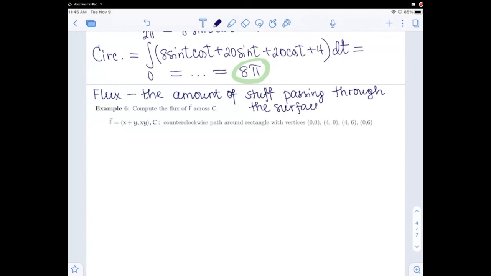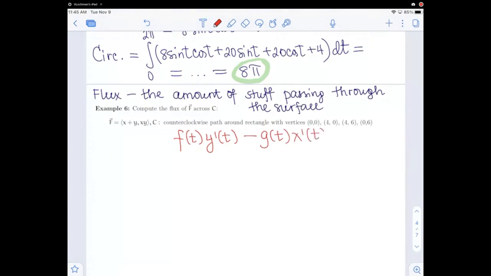For this one, we do need a new formula. To compute the flux of F across C, we're going to need the following formula: f of t times y prime of t minus g of t times x prime of t.